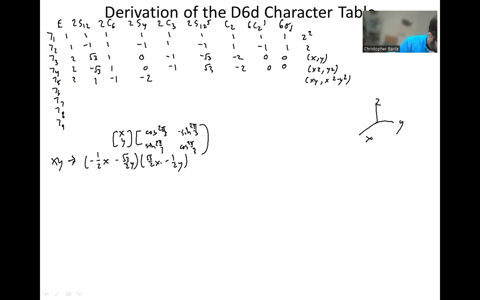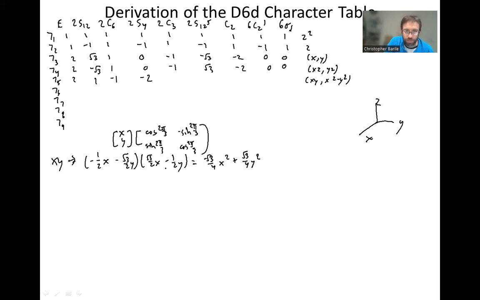Okay, so we crank through this and we have to factor this out, just like we've always had to do. And so this equals what? Negative root 3 over 4 x squared, and then we have a plus root 3 over 4 y squared.